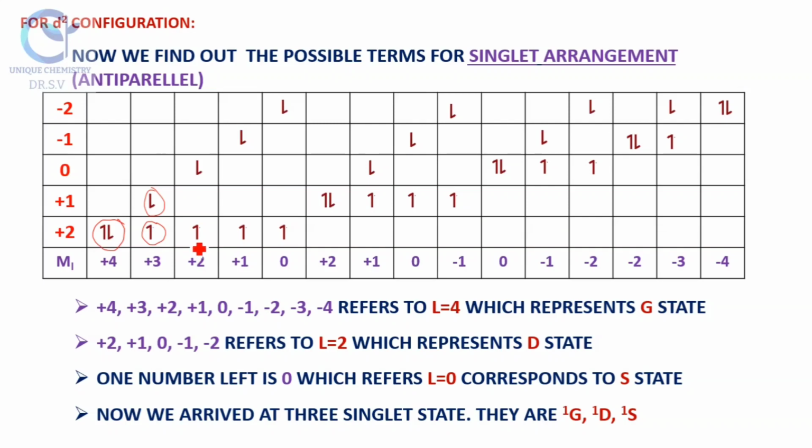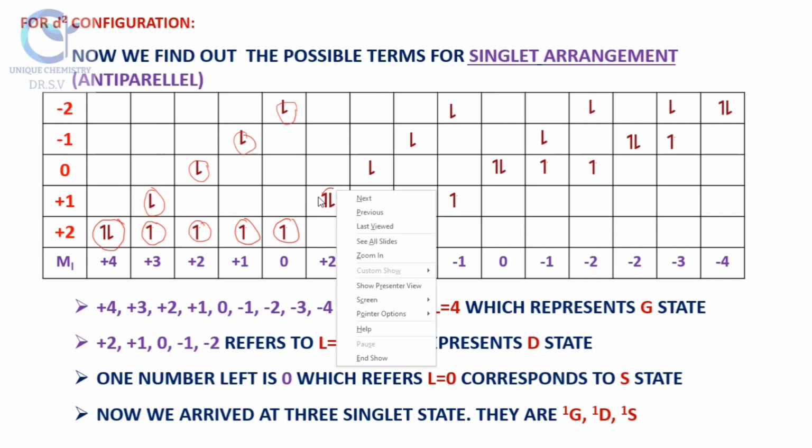Then successively, the second electron goes to the 0 level, then the minus 1 level, then the minus 2 level, always with anti-parallel spin.